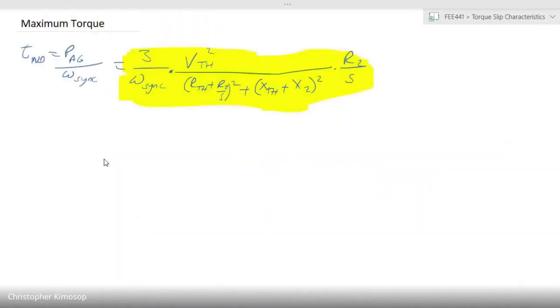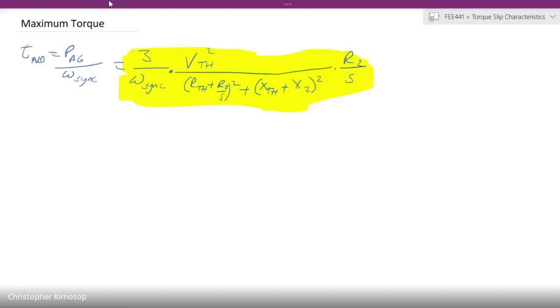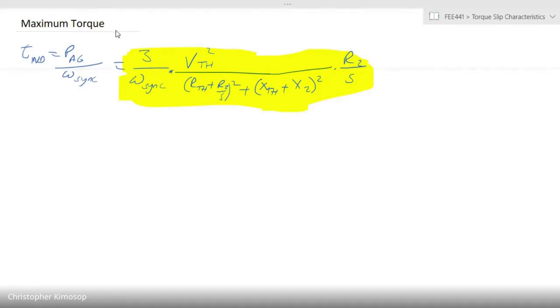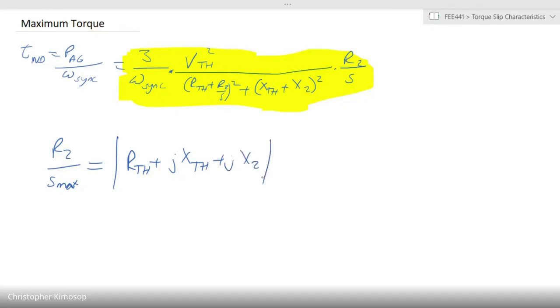So that is the principle we are making use of when we say the maximum torque on the machine. So for air gap power, we say it is maximum when the value of the slip itself is equal to the absolute total of that, okay?